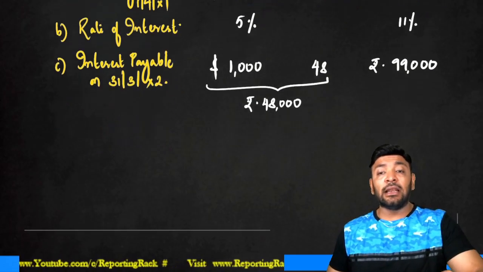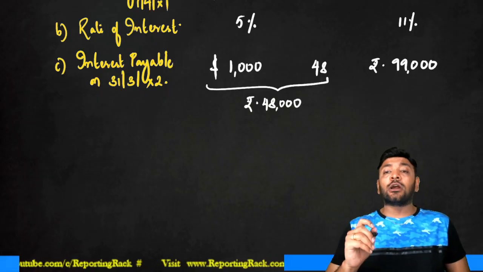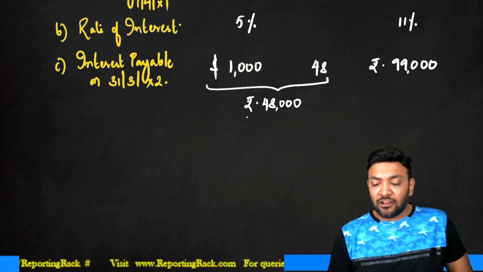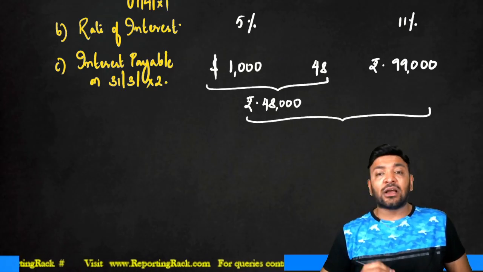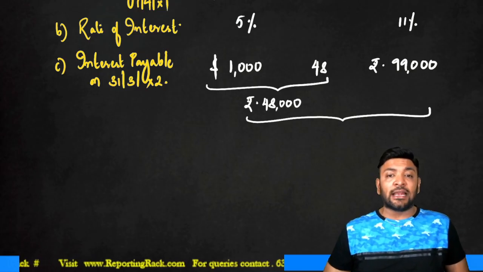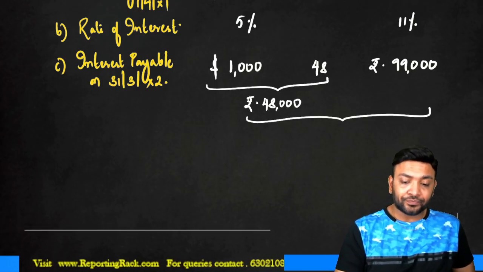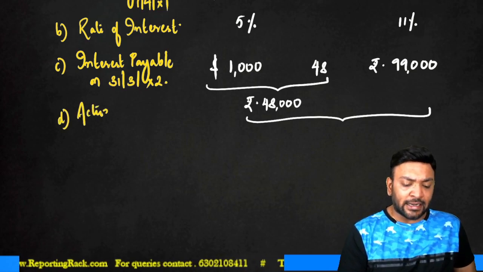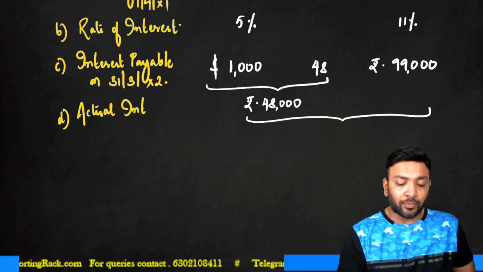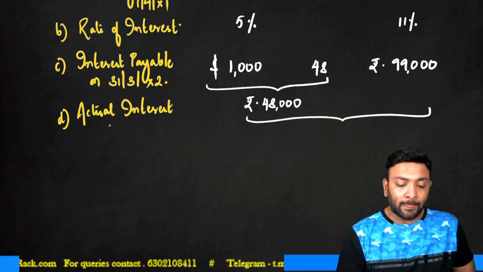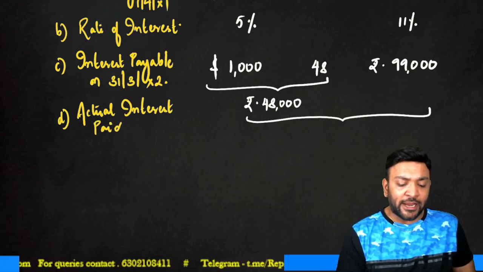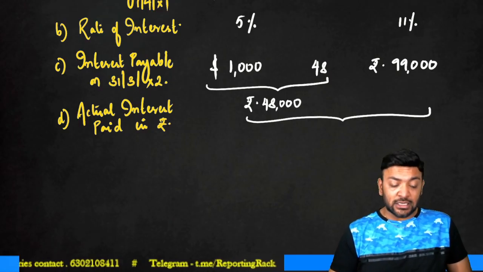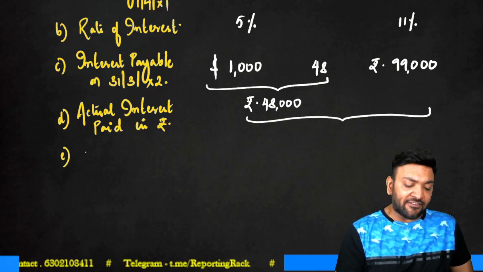If I would have borrowed in India from SBI in the local currency, I would have been paying an interest of 99,000. If I compare these two, 99,000 and the actual interest paid of 48,000, this is the actual interest paid in rupees. If I compare it with the 99,000, I'll be able to derive my savings in interest cost.